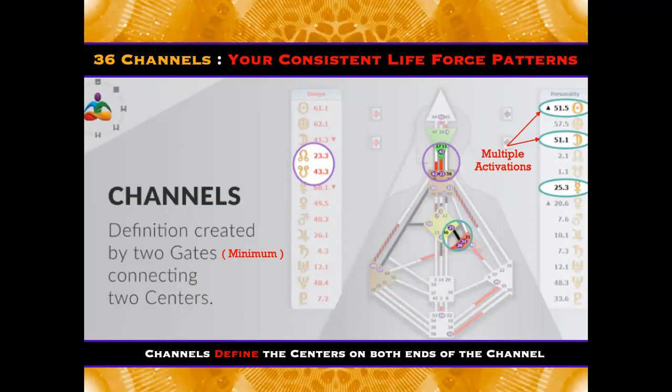And each of those 36 channels, they have their own themes. And then based on the gates, whether they're planetary personality or design activations, and then the lines and the planet that's resting there, you get tons of variations of how the channel will express itself.